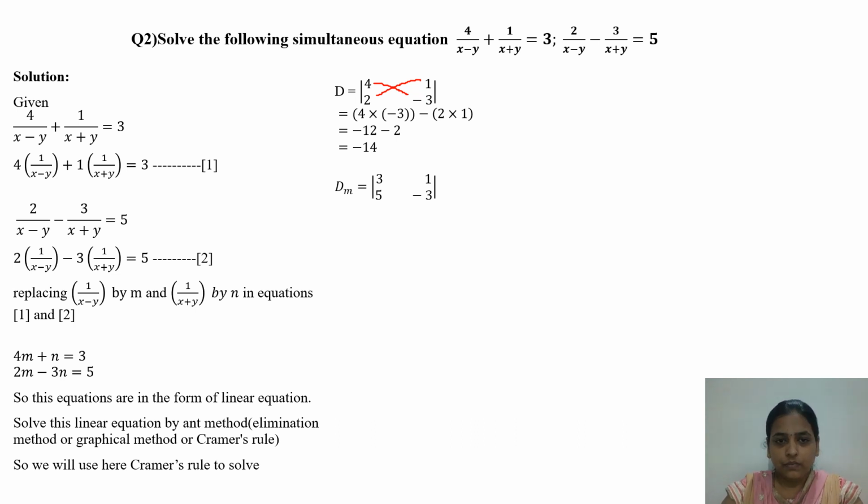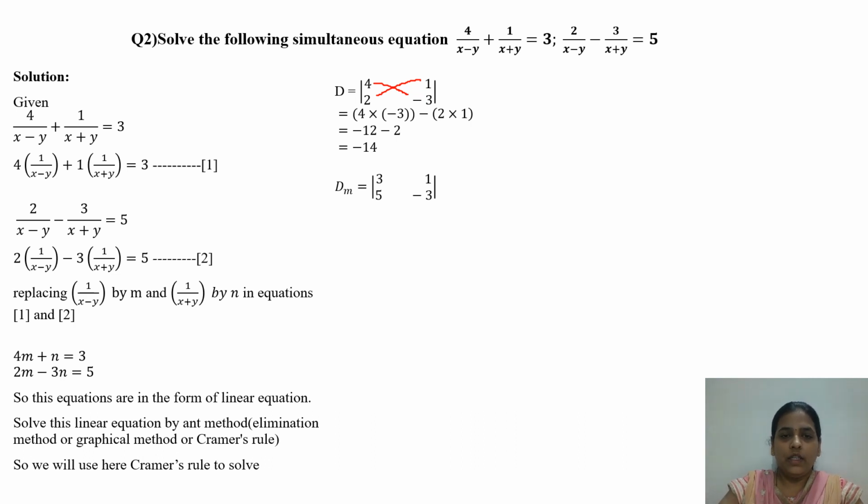Next, dm is equal to what? In the first column 3 and 5, that is the coefficients of m are replaced with constants. So the constant part here is what? 3 and 5, and then the coefficients of n are taken as they are, that is 1 and minus 3. Correct.